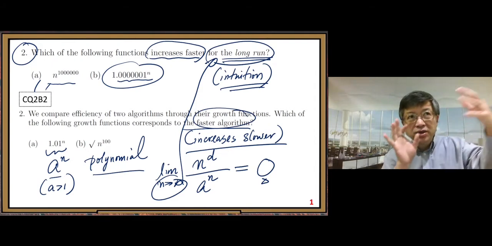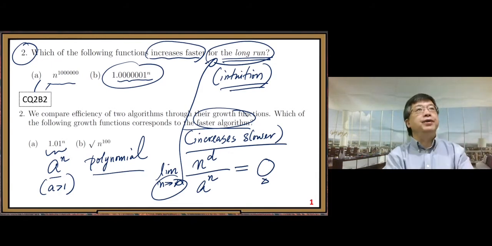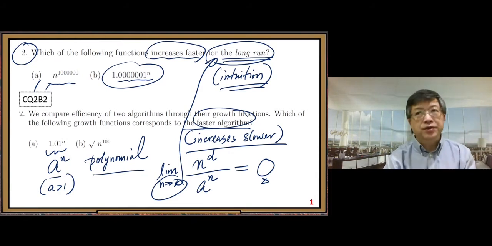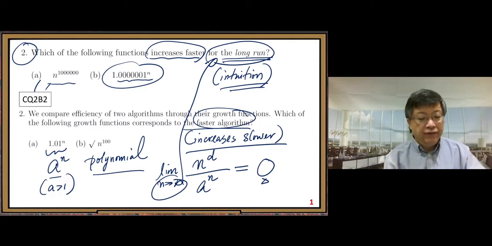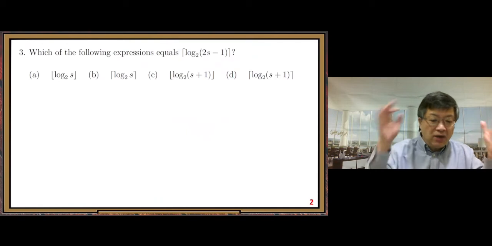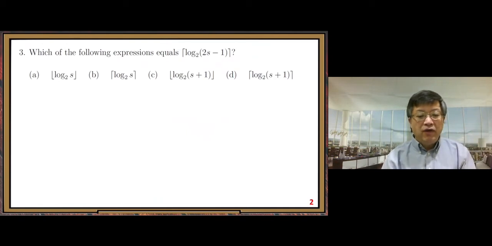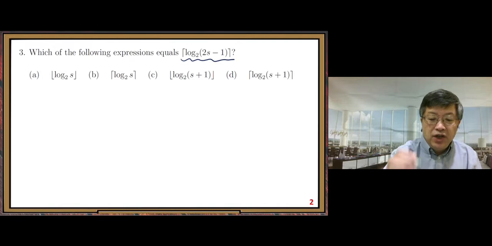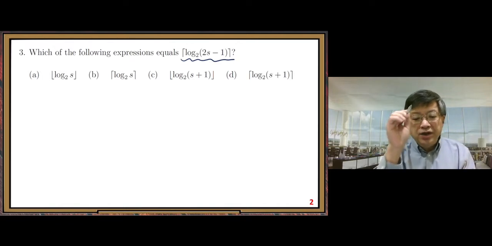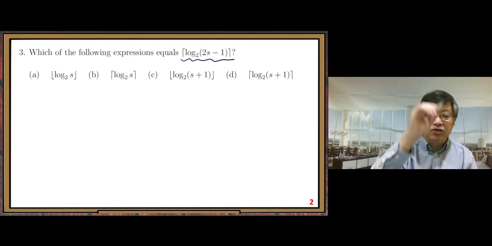So do not get confused. All right, so that's the first question of this E.1. The second question: which of the following expressions equals the ceiling function of log base 2 of 2s minus 1?